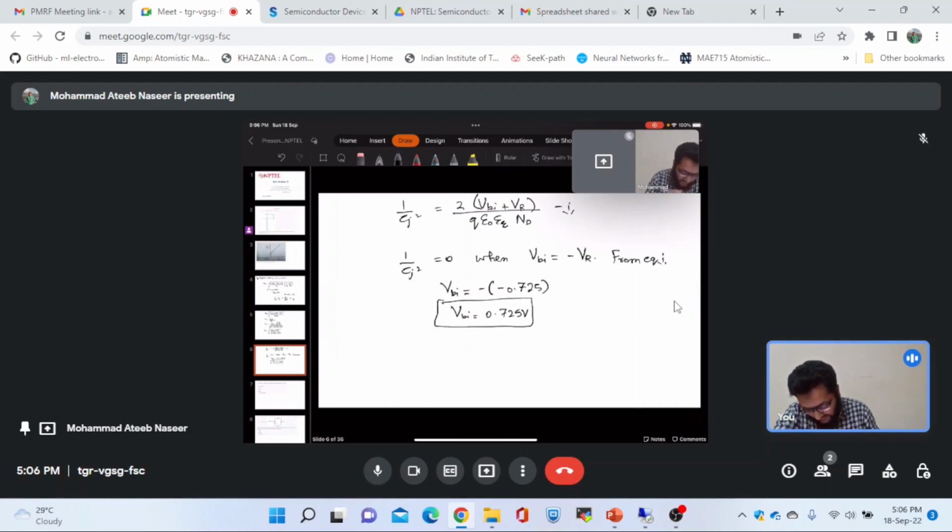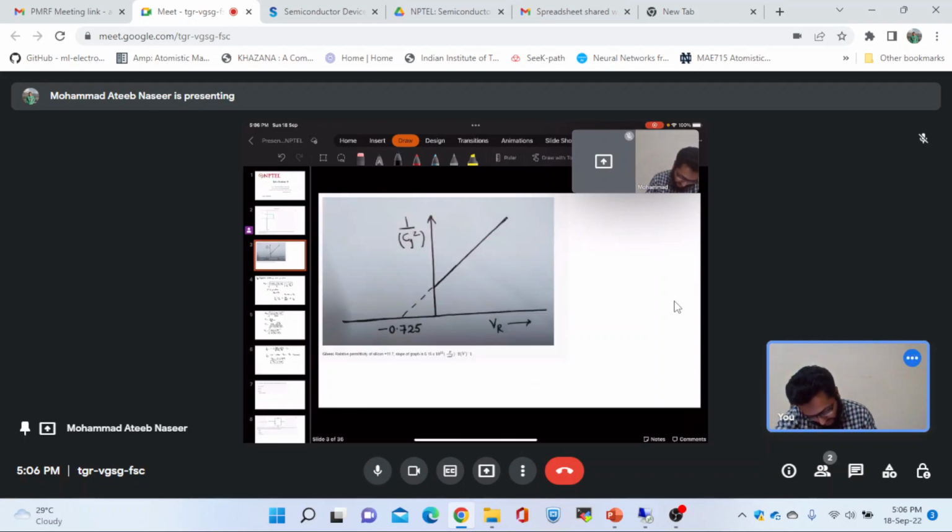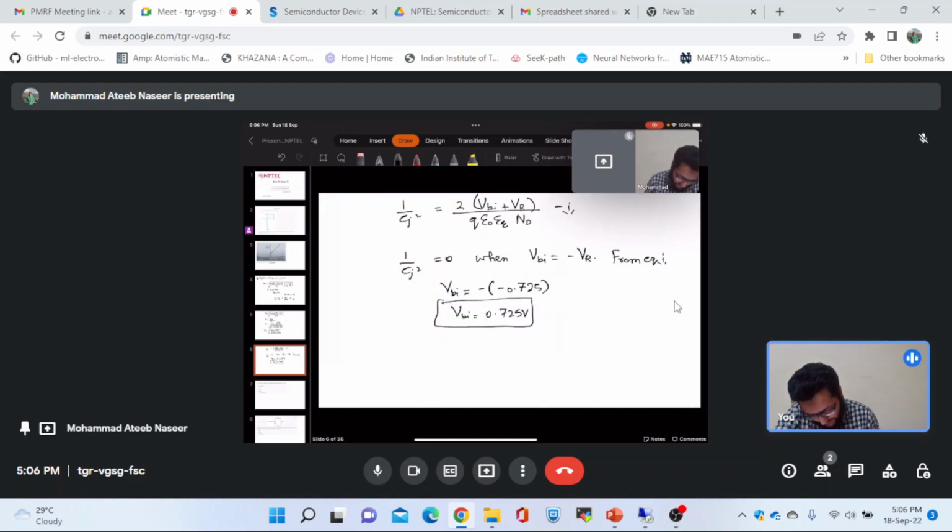Now, since in the problem we are required to find the Nd, that is the donor doping concentration, for that we will be using the slope of this graph.